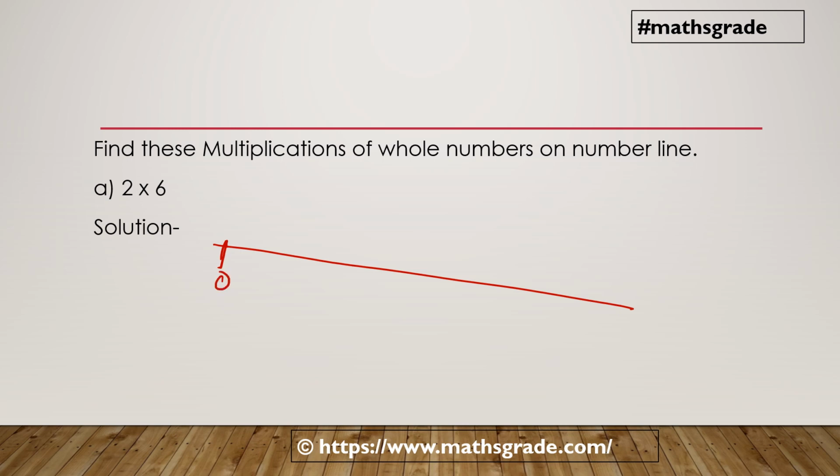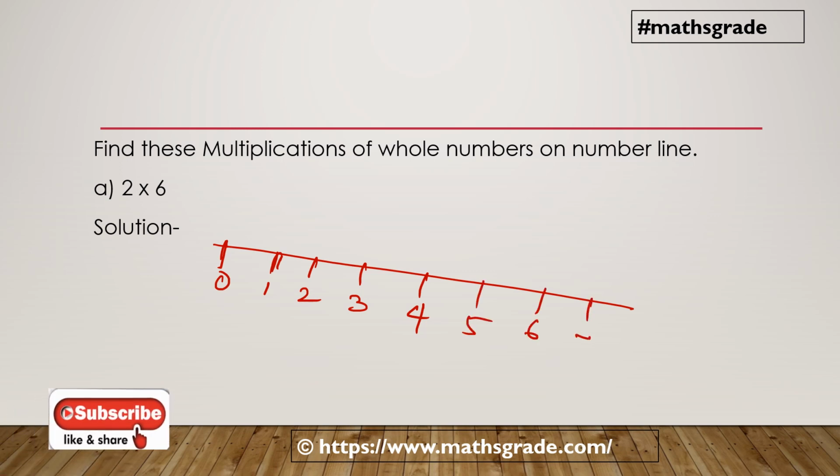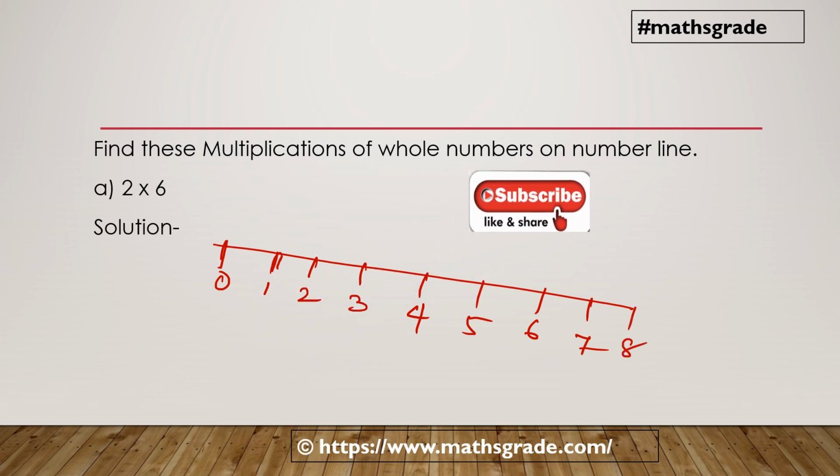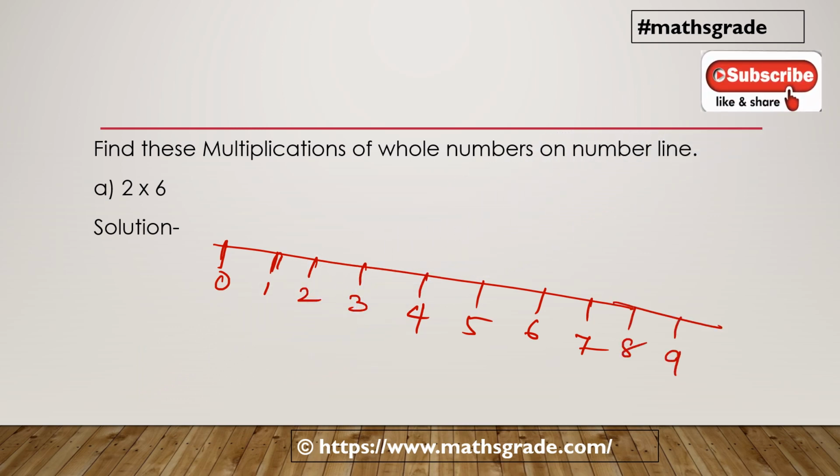This is 0. 2 multiplied by 6. 1, 2, 3, 4, 5, 6, 7, 8, 9, 10, 11, 12, 13.